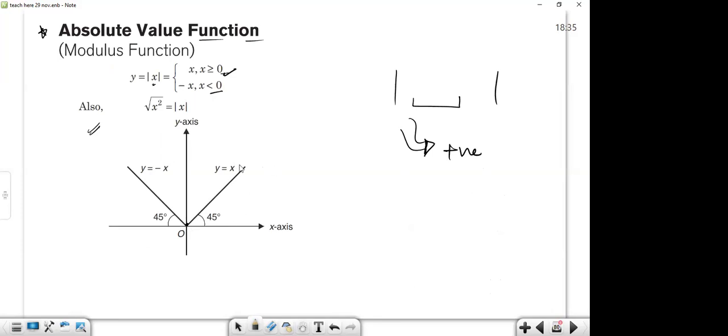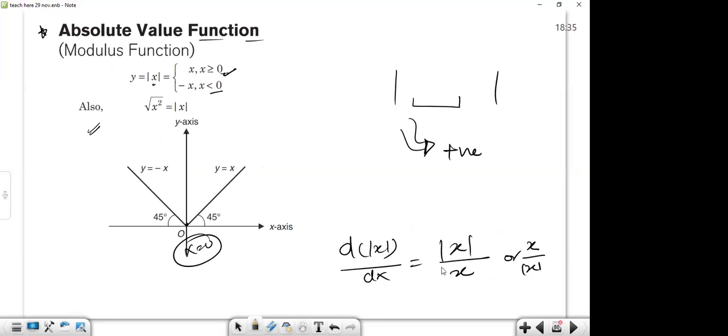So the modulus of x is differentiable at all points except x equals 0. So the differentiation of modulus of x with respect to x is modulus of x upon x, or we can also write it as x upon modulus of x, except for x equals 0. Clear?